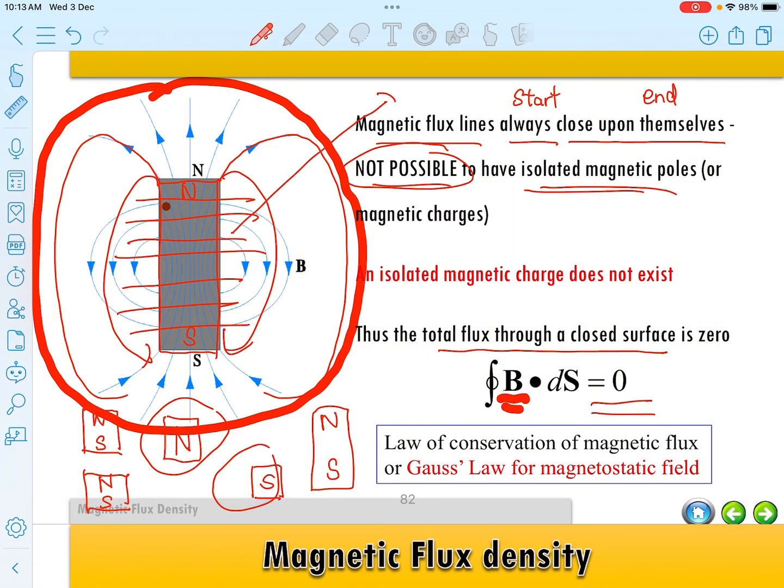It never goes outside. So the total flux that passes through a closed surface will be equal to 0. This is one of the Maxwell equations coming from magnetostatics.